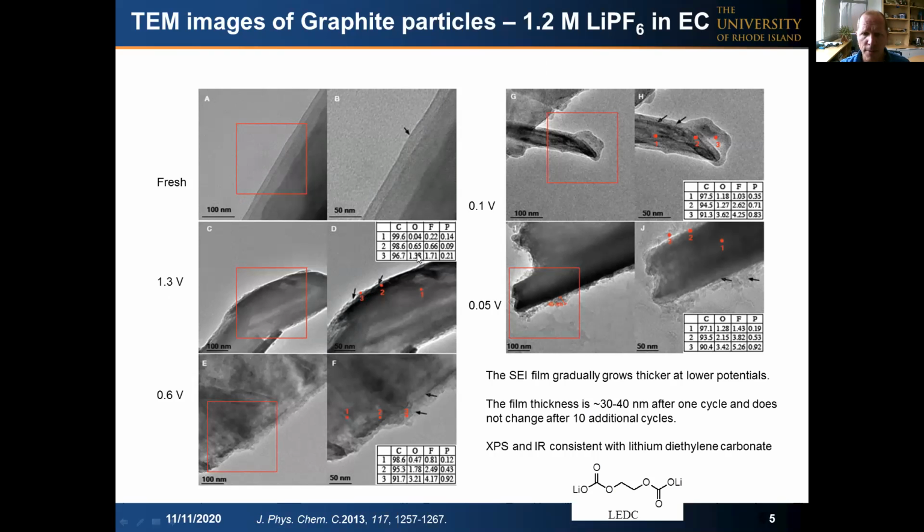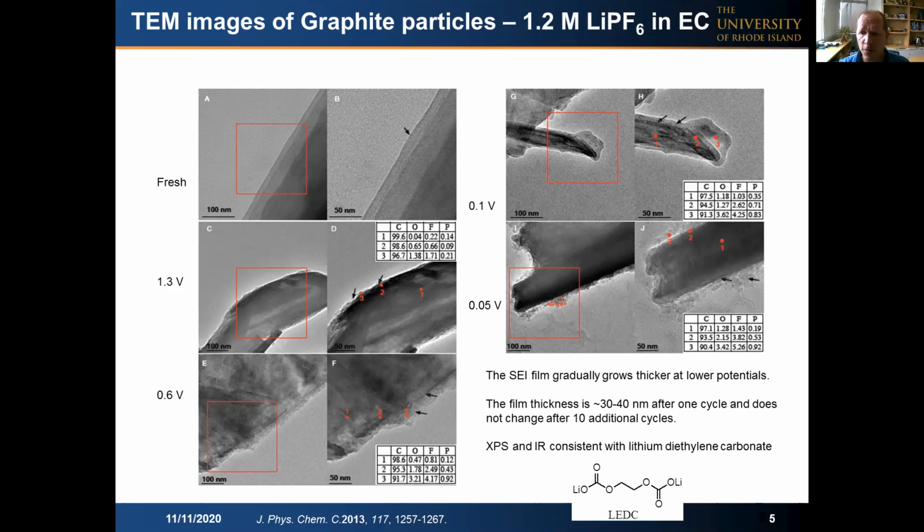This film is primarily composed of oxygen and fluorine. As we continue to drop the potential, this surface film gets thicker and thicker until we go all the way to 0.05 volts, which is the ending point of the charging cycle. And basically what we have is a surface film which is roughly 30 to 40 nanometers thick.